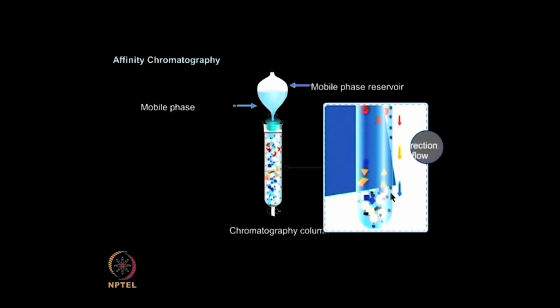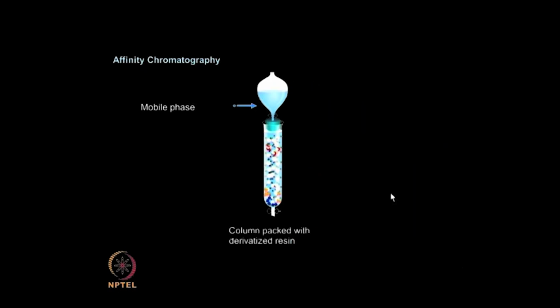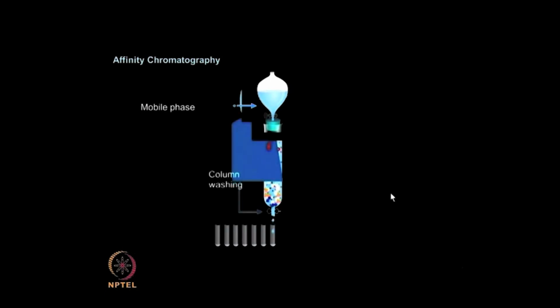The column is washed with a suitable mobile phase to remove all the unbound proteins. The protein of interest, which has higher affinity for the ligand, remains bound to the derivatized column matrix and is not removed during the washing.